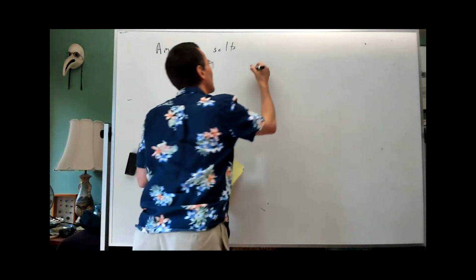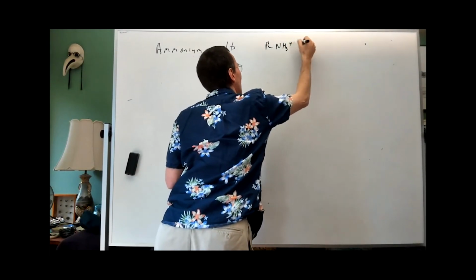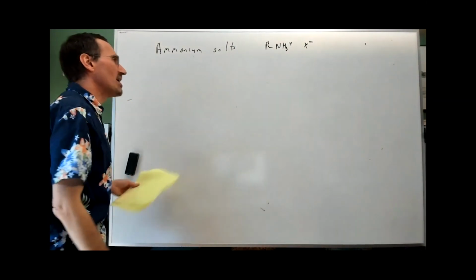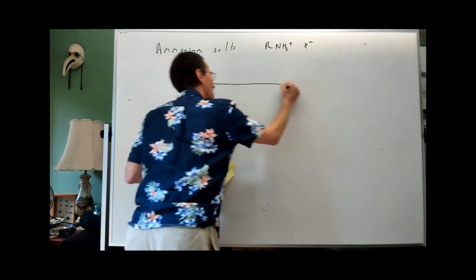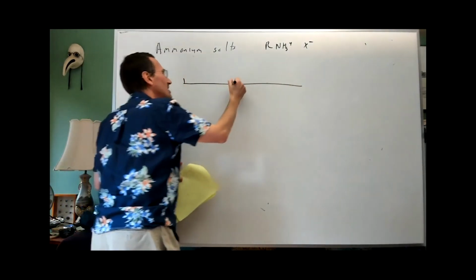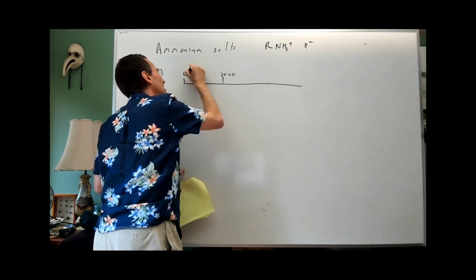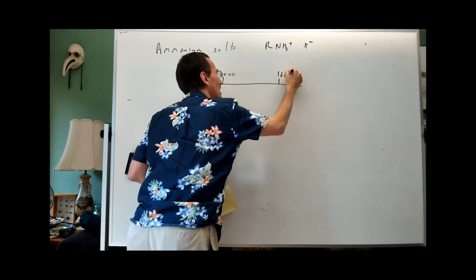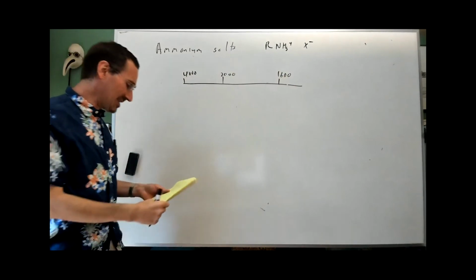Ammonium salts, so we're talking RNH3+ X-, or perhaps R2NH2+ X-. They are super ugly. I often say that a carboxylic acid is the ugliest thing you're going to see in the IR spectrum. Well, ammonium salts are even uglier than carboxylic acid.